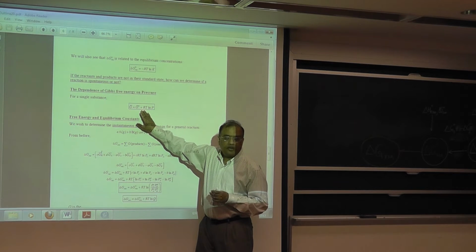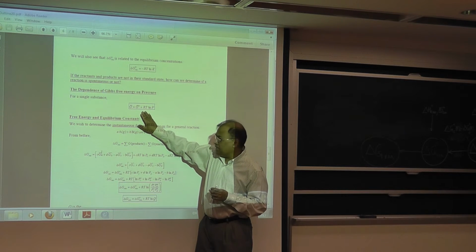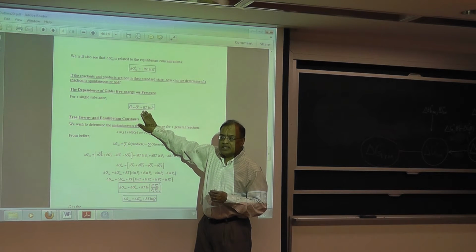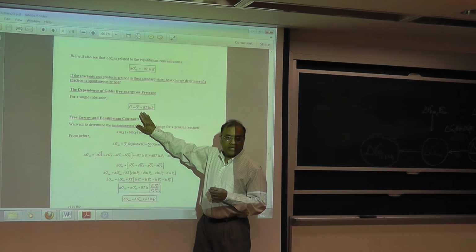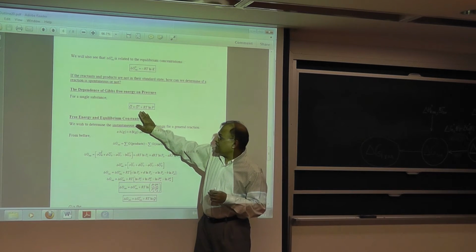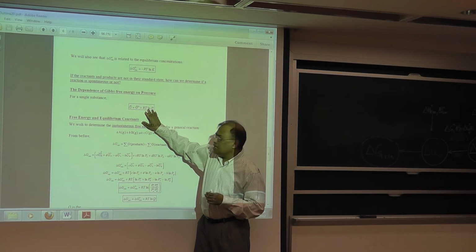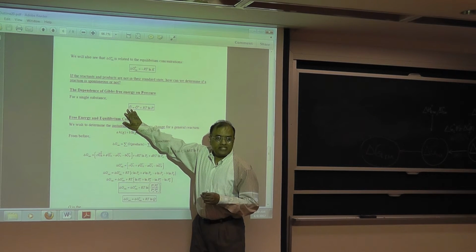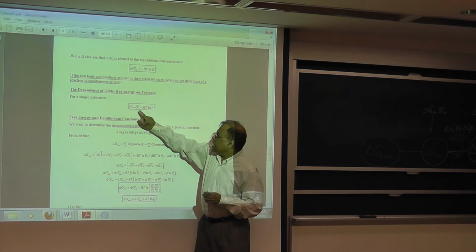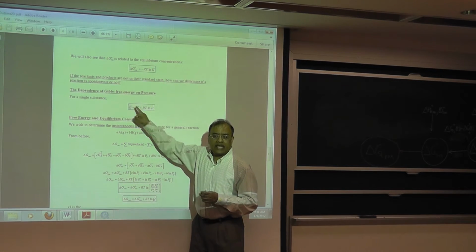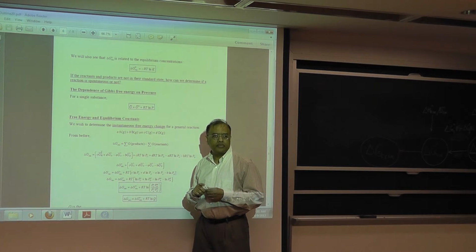You will learn that in your first physical chemistry course. We spend about one lecture deriving this equation. We're not going to derive this equation. You're going to take it for granted that when you increase the pressure, the Gibbs free energy of that substance increases, and it's a logarithmic dependence, and the bar on top indicates that it's a molar quantity.